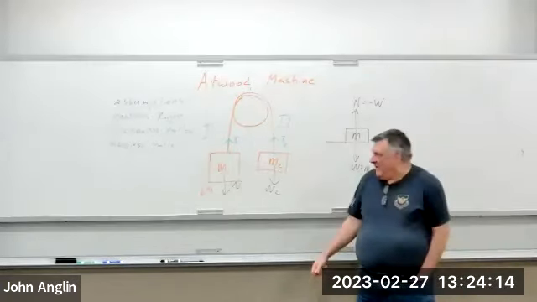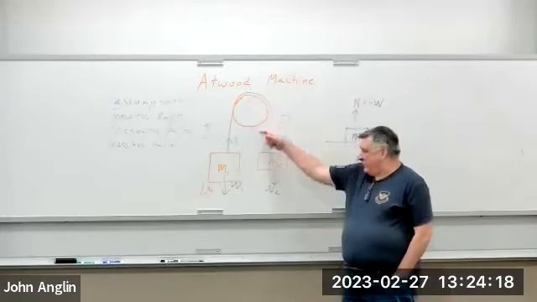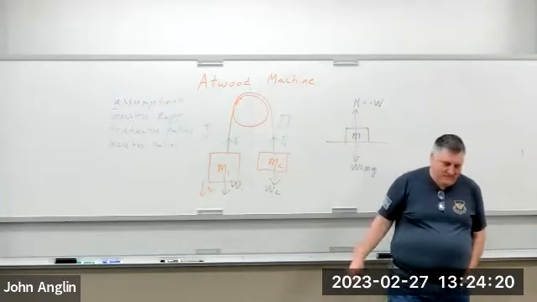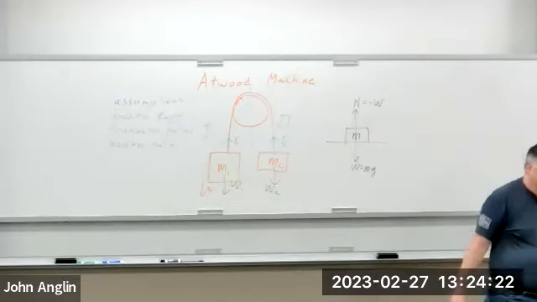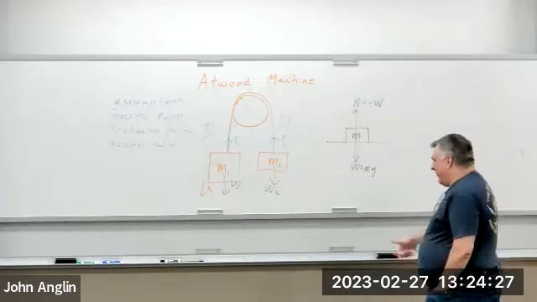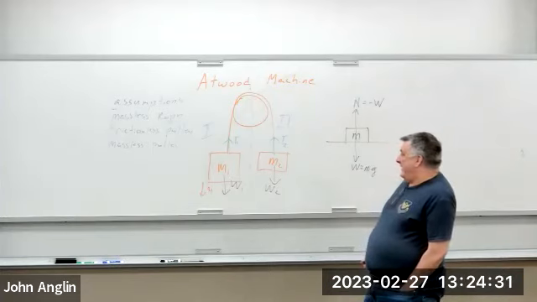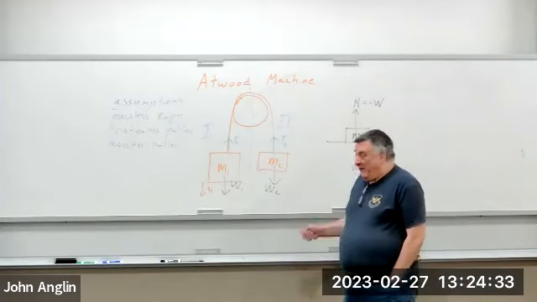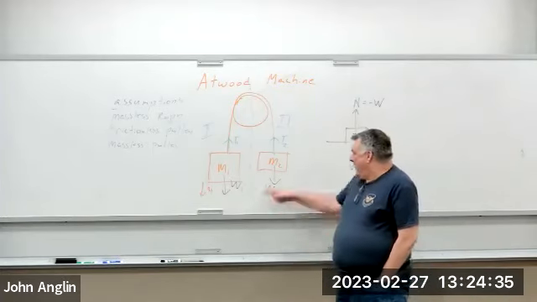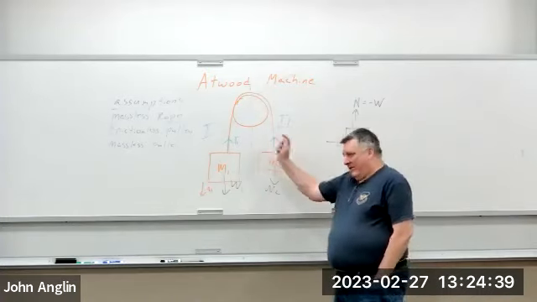Now, in those machines at the gym, a lot of times you'll get just a single pulley, and what that does is basically make the down force equal to the up force, which is what we're about to do. If you wanted to use this as a machine to help lift something, you put in multiple pulleys, and the more pulleys you put, the easier it's going to get.